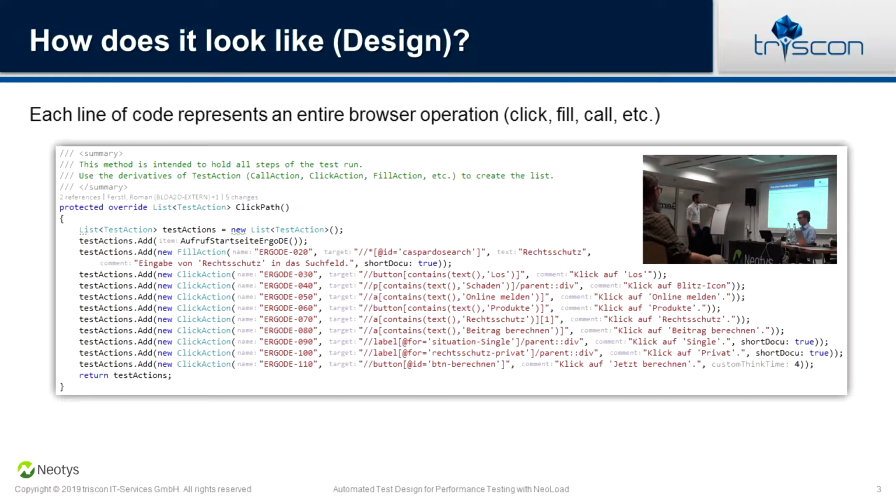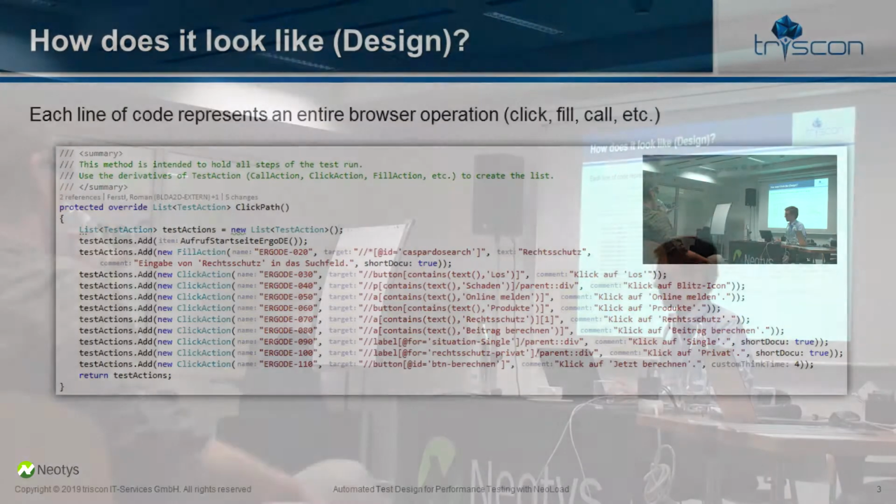It's just 10 lines of code, which represent some sort of Selenium operations in the background. If we execute this test case, that's what we are going to see now. Then I'm going to talk a little bit about how this is intended to be used. So now Fabian is going to prepare the demo.